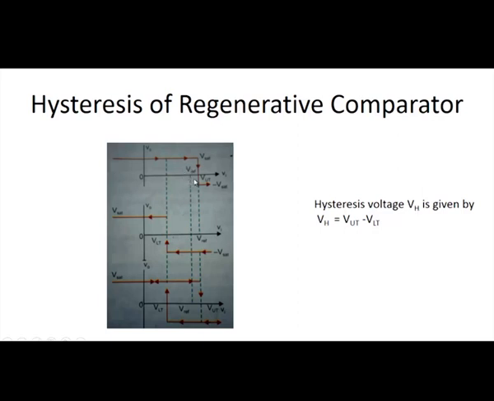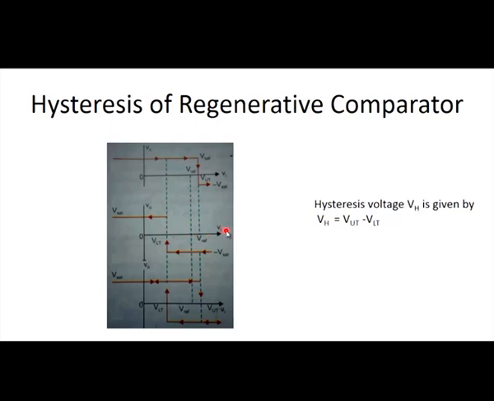This point is the upper threshold voltage. If the input voltage is lesser than the upper threshold voltage, then the output will be positive, and once the input voltage is higher than the upper threshold voltage, then the output will be negative V saturation. And for the second case, this is reversed.